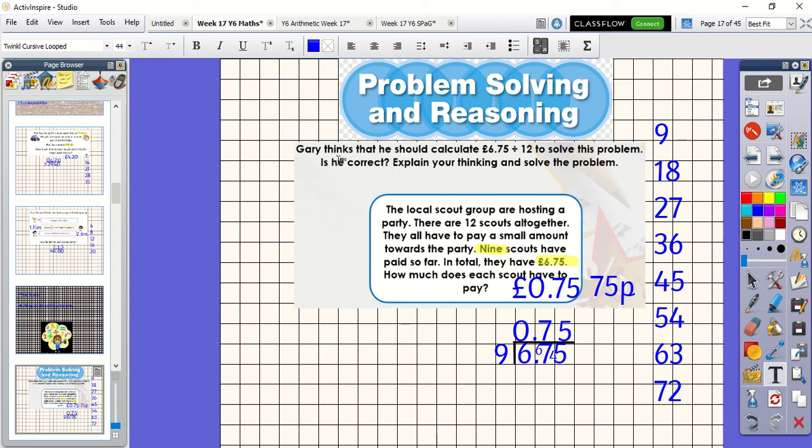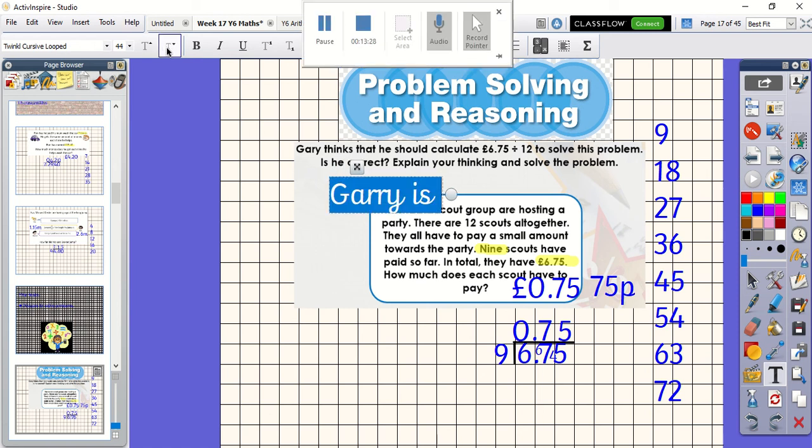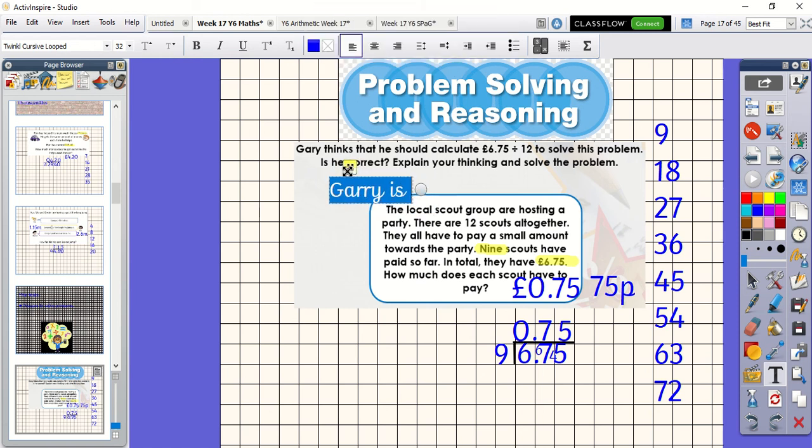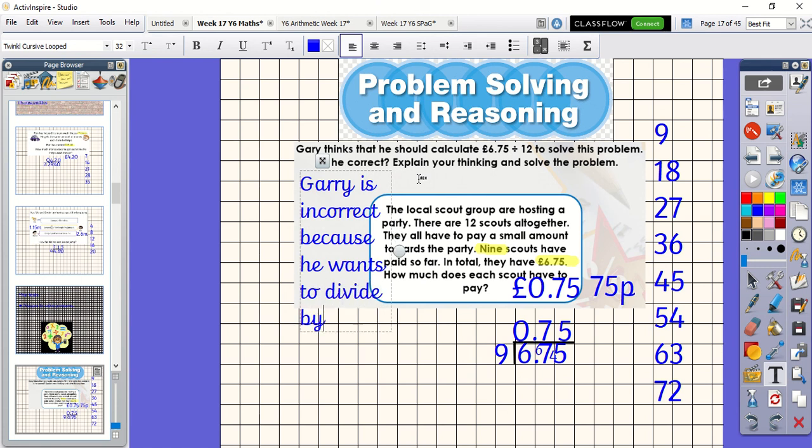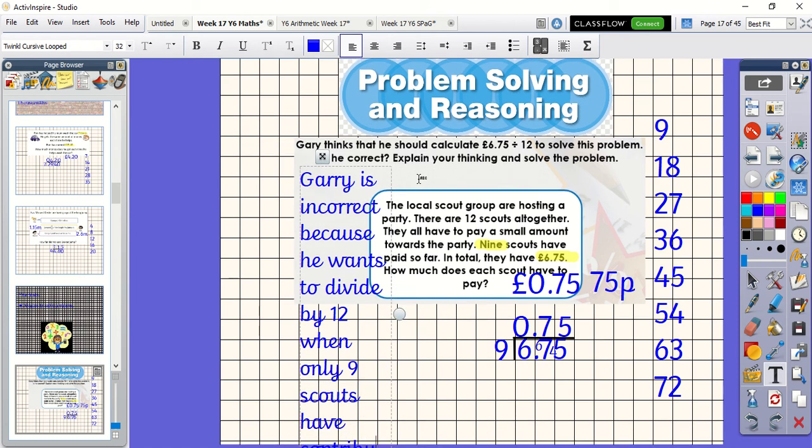Now we know that Gary is incorrect. So Gary is, I'm just going to make that a bit smaller. There we go. Gary is incorrect because he wants to divide by 12 when only 9 scouts have contributed.